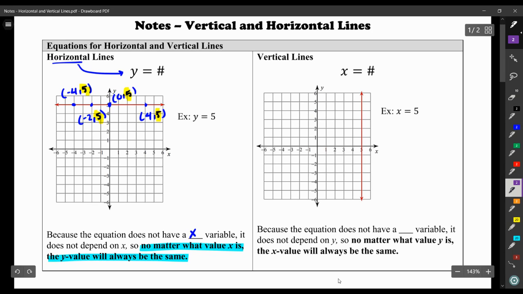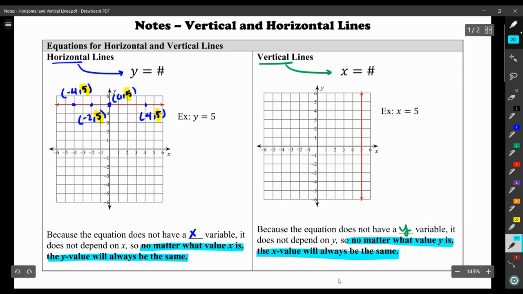Vertical lines are always x equals a number. The reason is that these do not have a y variable. So no matter what y is, the x value is always the same. In this case, it's always 5.